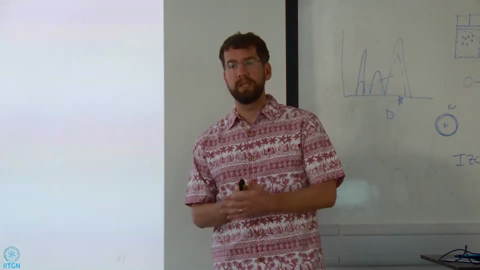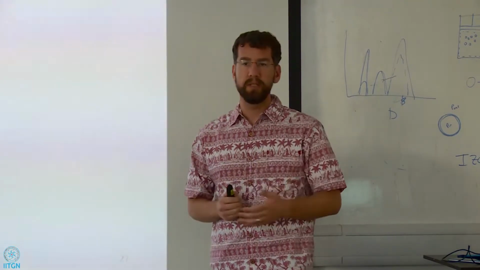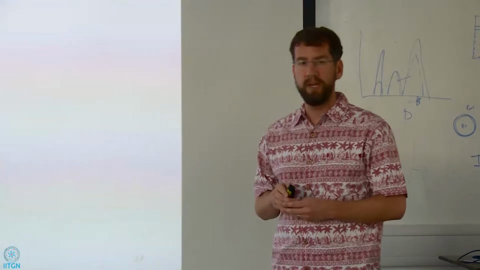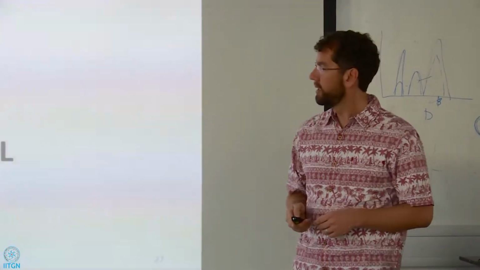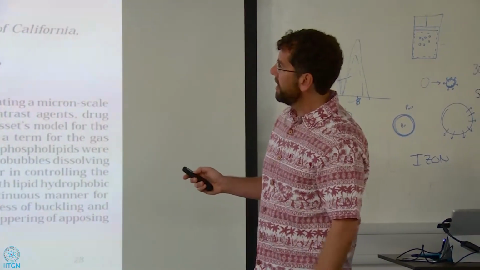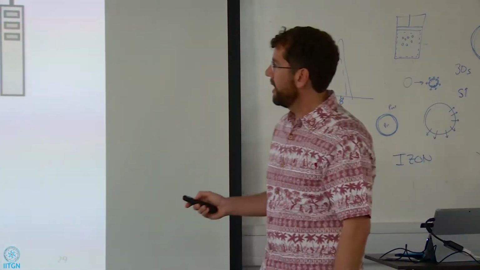Okay, any other questions on the Epstein-Plesset equation? Okay, so it's in your notes, and I would recommend that if you have the time you read the original paper from 1950. A long time ago, I tried to crack this problem also. So I did an experiment.